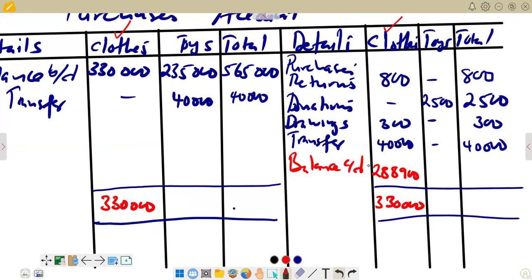And then we come here. Now all the toys are there, debit and credit. So if you add the debit total and the credit total, you are going to see that the total that is greater is on the debit side. It's going to be 275,000, which is going to apply here again.